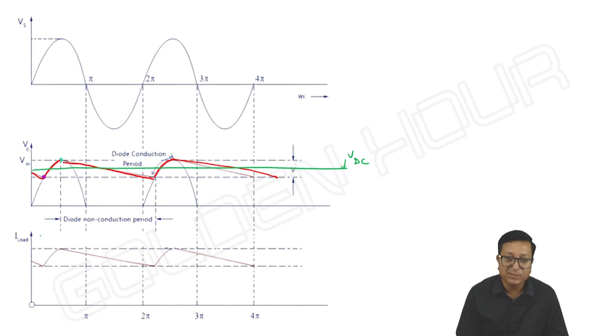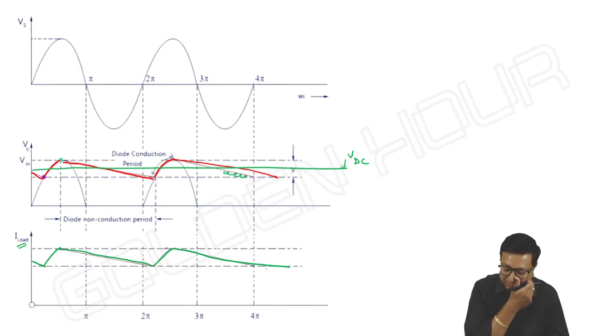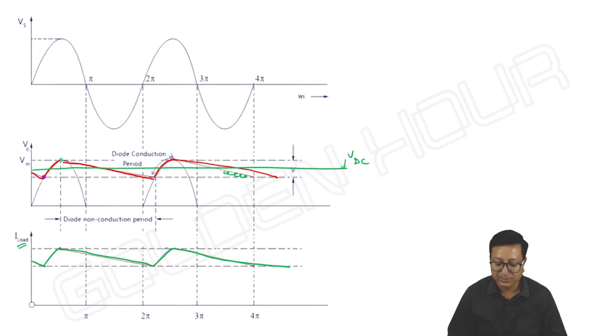So what about IL? IL is equal to V output by RL, load current. Whatever shape we have for V output, almost the same shape we can see for IL. Here there is a mistake, friends. It should not touch here.